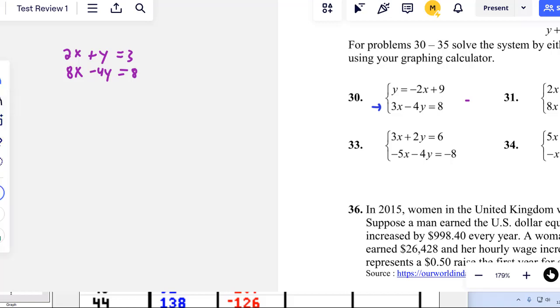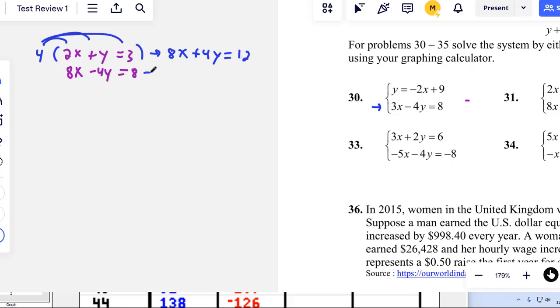So we're going to try to eliminate one of the variables. So I see I have a negative 4y on the bottom. If I multiply the top by positive 4, look what happens, right? This becomes 8x plus 4y equals 12.